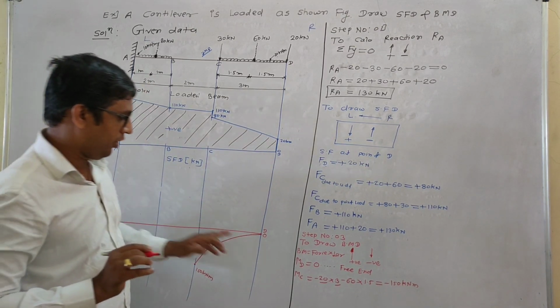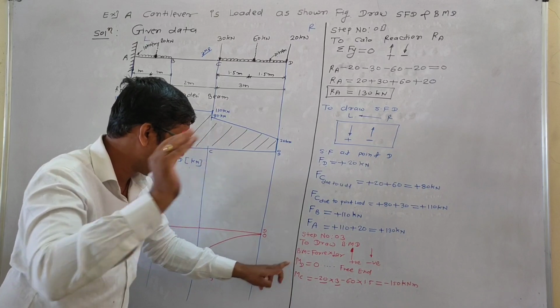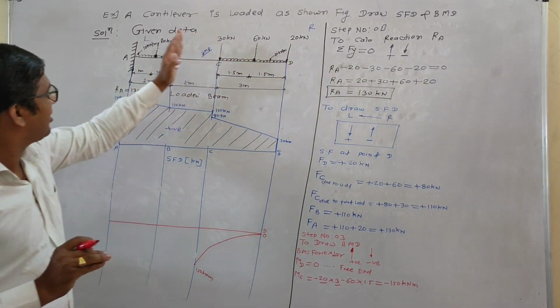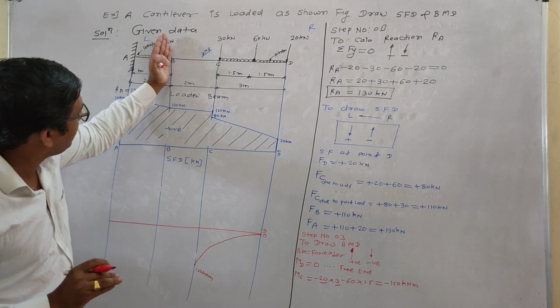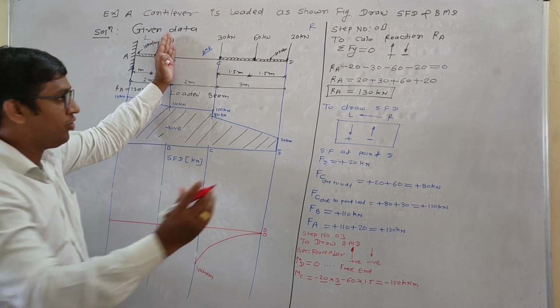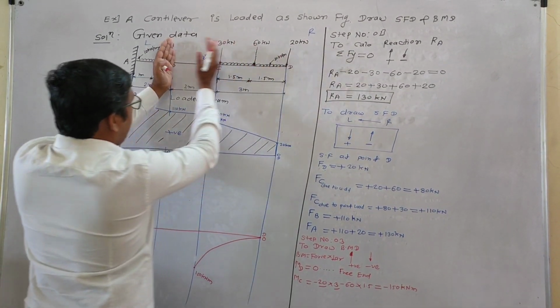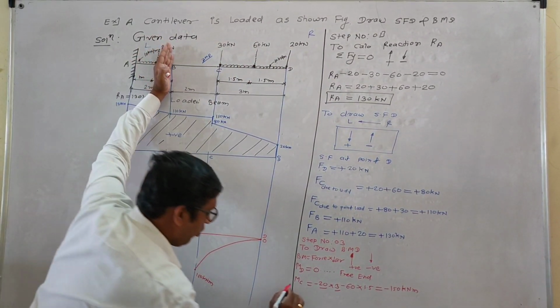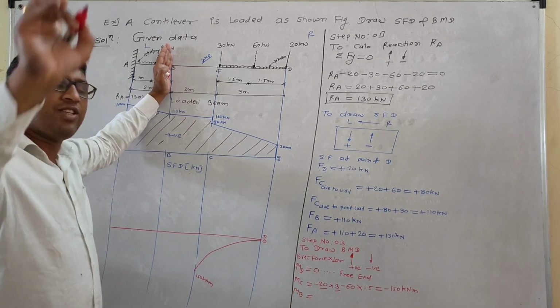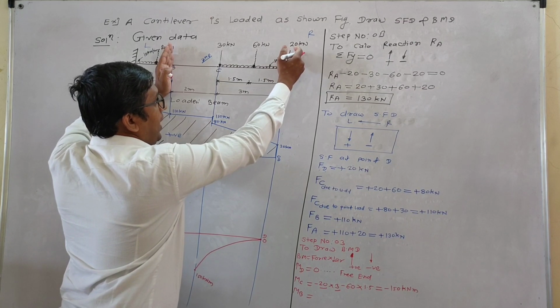Correct. The next point. Moment about point C is over. Then the next point is B. Consider again, start from the free end up to point B. Moment about point B, again start from the free end. Minus.